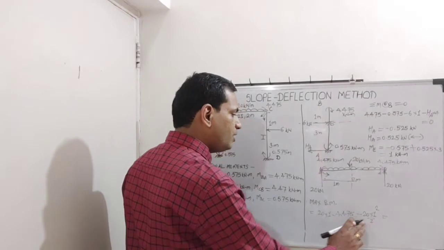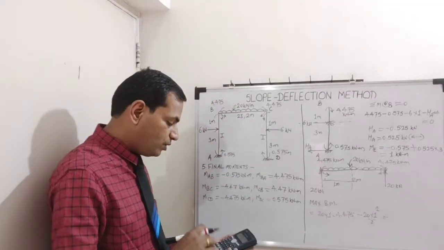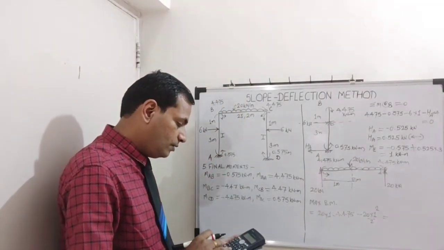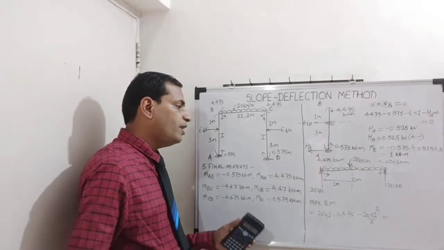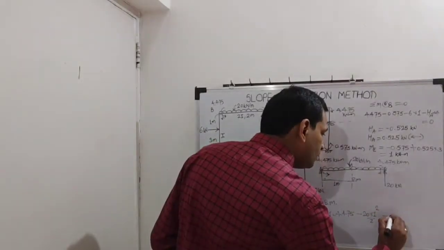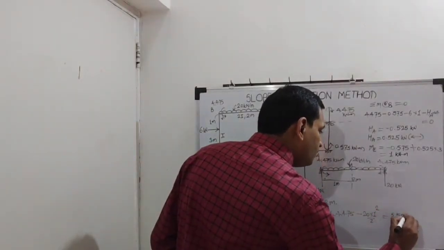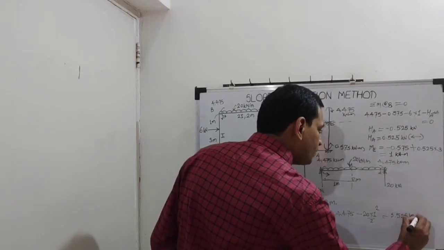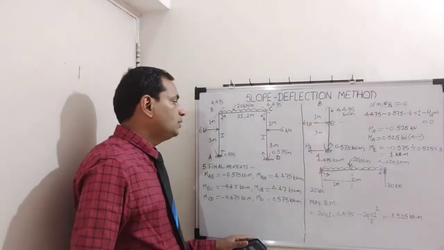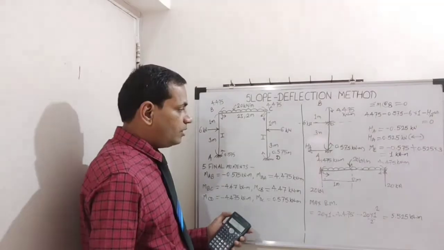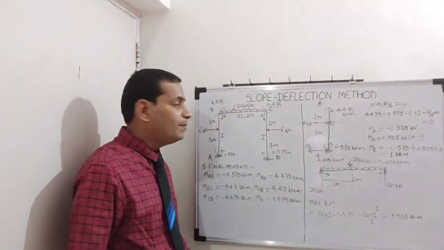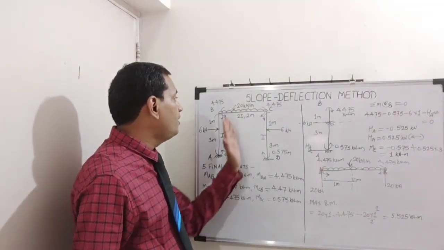So 20 minus 10, 10 minus 4.475. Let us find out. So that is 5.525. 5.525 kilonewton meter. So over rest of the things are same, that is mirror image.